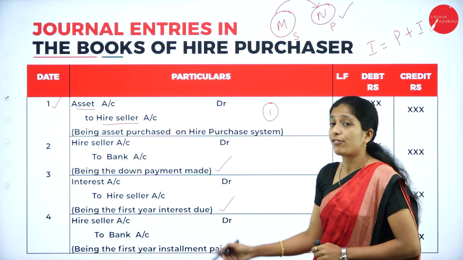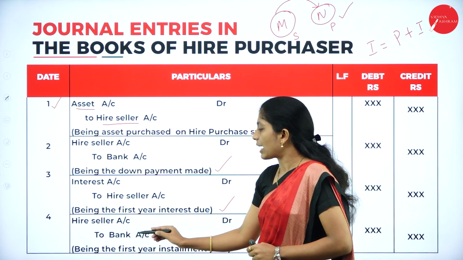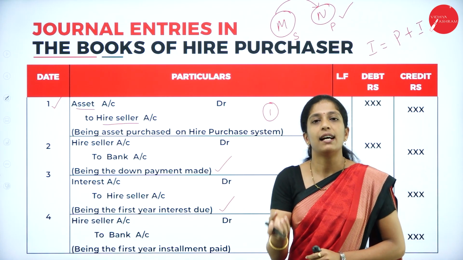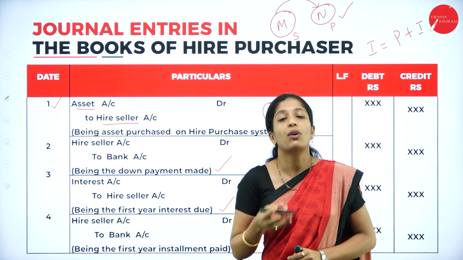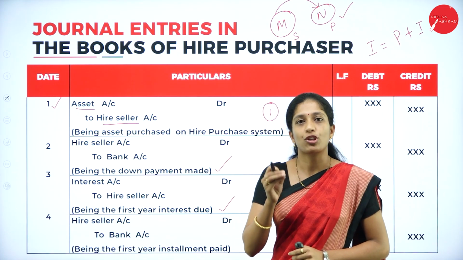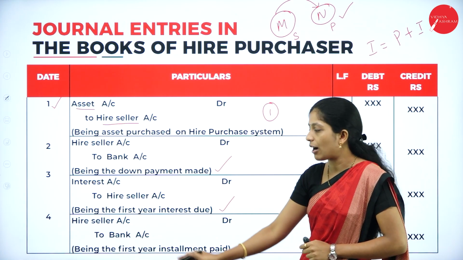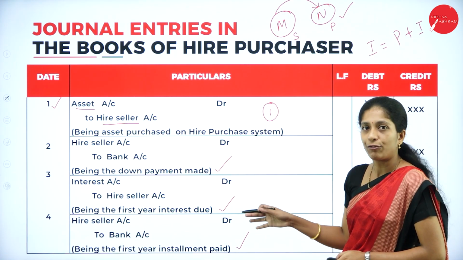Now, what is the entry for whom we are paying installment? For hire seller. So, hire seller account debit to bank account. So, we are making payment to hire seller, receiving that amount, and from hire purchaser what goes out? Cash or bank goes out. So, hire seller account debit to bank account being the first year installment paid. So, these are the 4 entries.